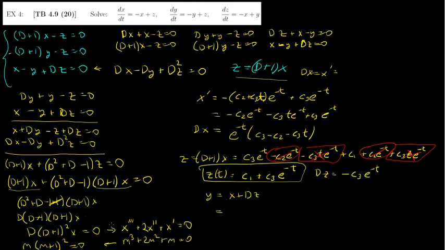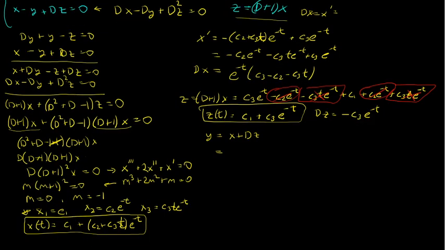So let's see, where's x? X is down here somewhere, so just add x plus dz. So x was c1 plus c2 e to the negative t plus c3t e to the negative t, plus dz, which is this, minus c3 e to the negative t. And that's your y of t.